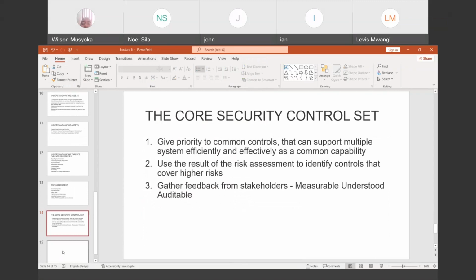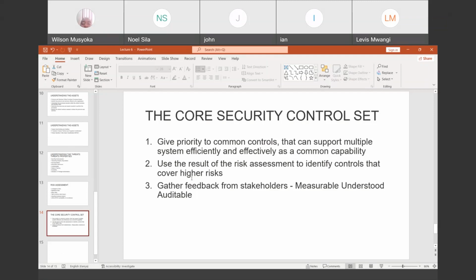So how are you going to give the security control set? One, you're going to give priority to common controls that can support multiple systems efficiently and effectively. Then you use the result of the risk assessment to identify controls that cover high risks.